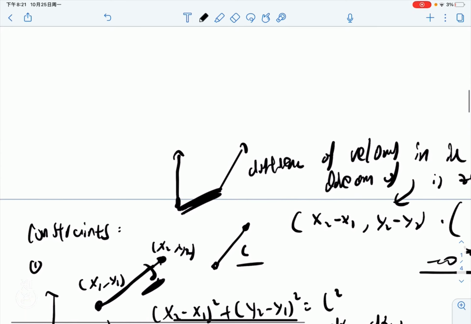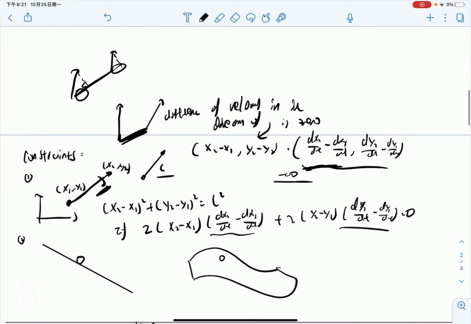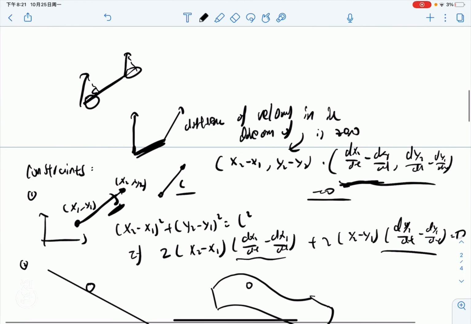So you separate the velocity into perpendicular to the rod and parallel to the rod, and the parallel velocity of this is equal to this. Okay, this one is actually really important, and you should know this.